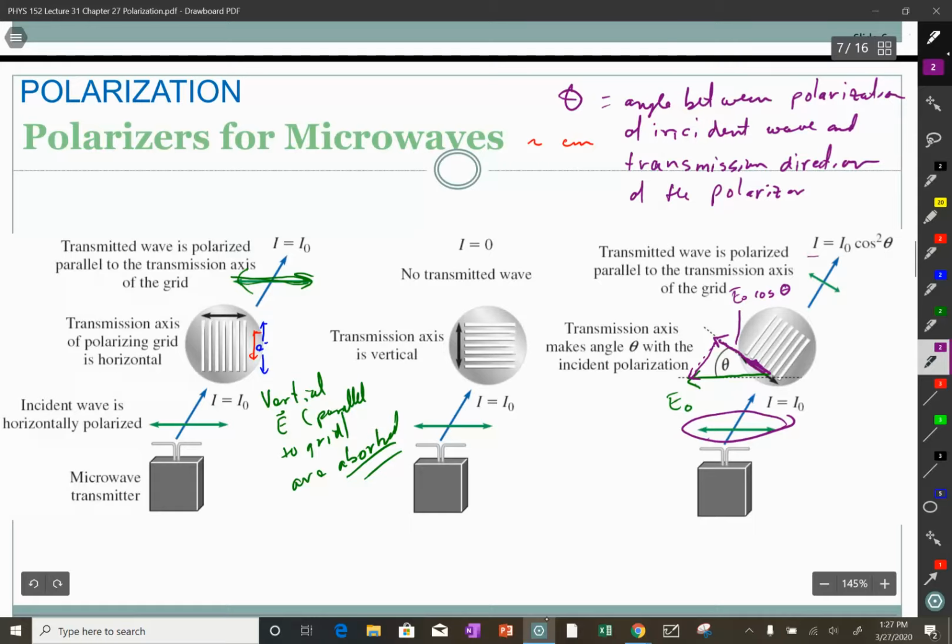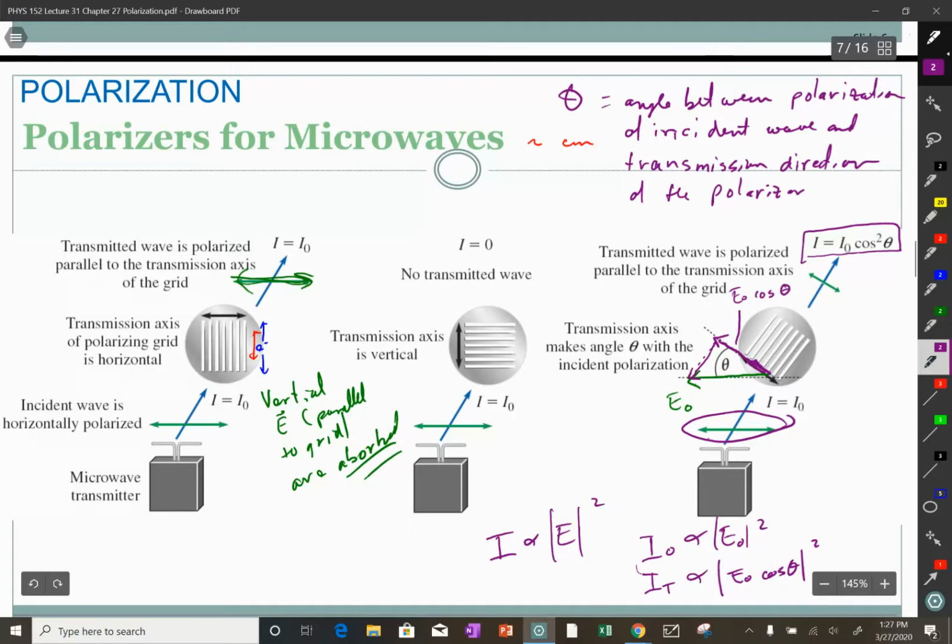But this equation has a cosine squared. Why? Because intensity is proportional to the electric field squared. So if the intensity initial is proportional to E0 squared, the intensity transmitted is proportional to E0 cosine theta mod squared.